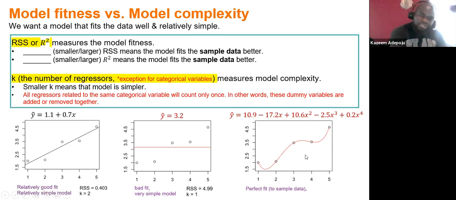And you know what? This is a perfect fit. But we don't want something like this, because we know a model can never be perfect. So this is relatively what we need, because we live in an approximate world. Since we live in an approximate world, we can never perfectly model reality.